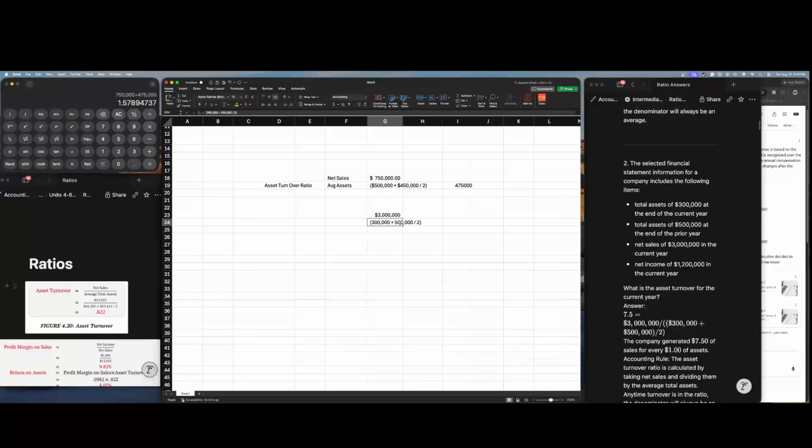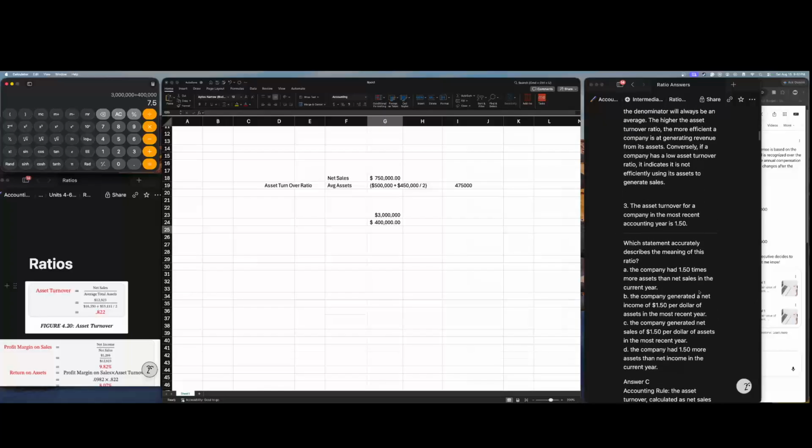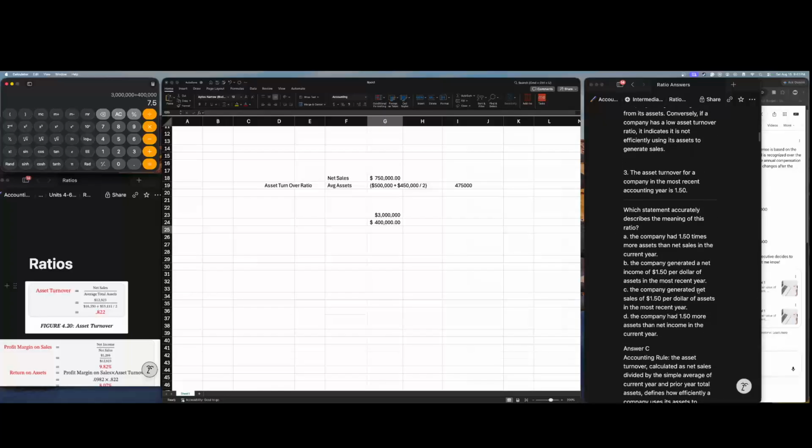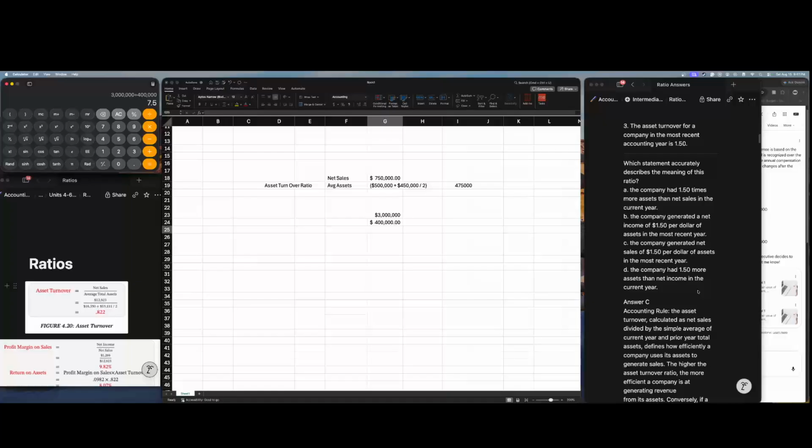So 400,000. 3 million divided by 400,000 is 7.5. So that turnover for a company is 1.5. What that means is that for every dollar of assets, they get 1.5 worth of sales.